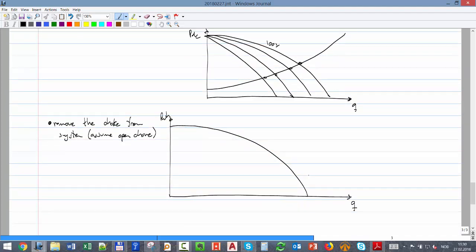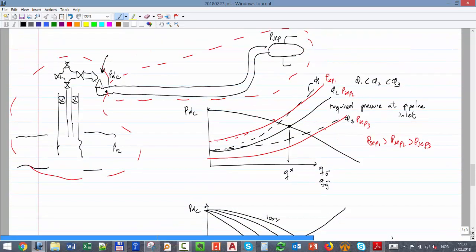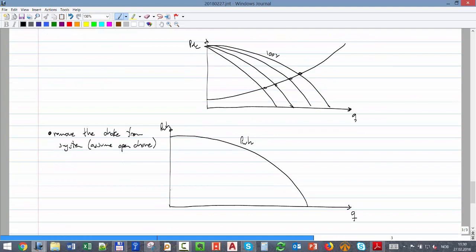So that will be PWH. And now I want to calculate the same pressure, because now I have no choke, but calculate it from the separator all the way to where the choke is supposed to be. And that curve looks something like that. This is available, and this is P wellhead required.